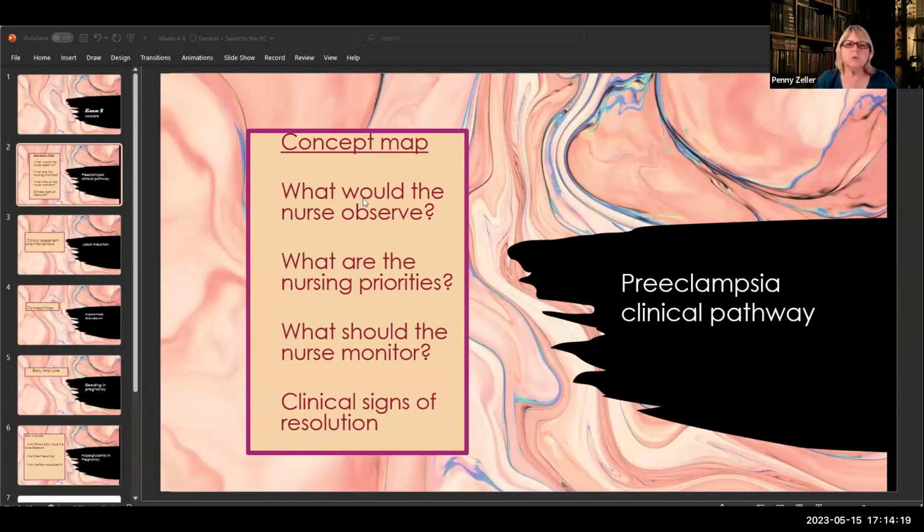Okay, this is another way of looking at a pathway. What would you see? What's going on? What are your priorities? What should you monitor? And what are some signs of resolution? Okay. In other words, evaluation.